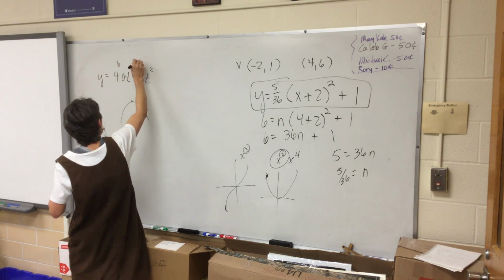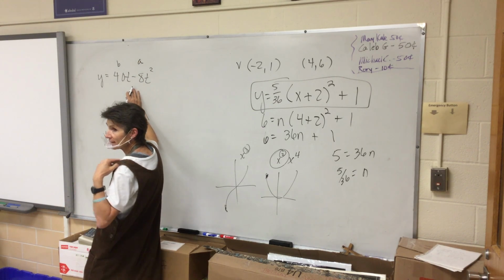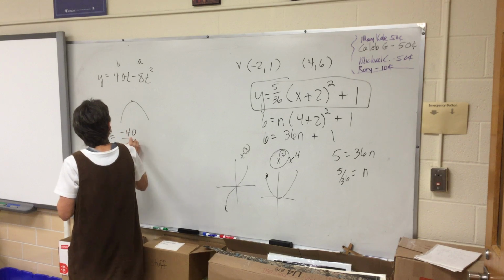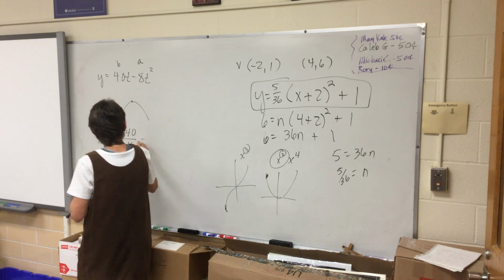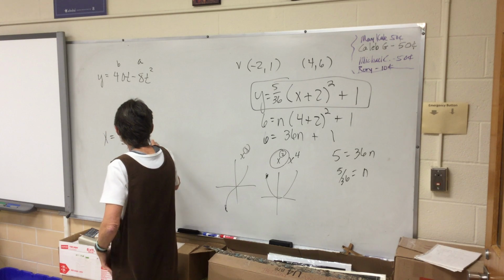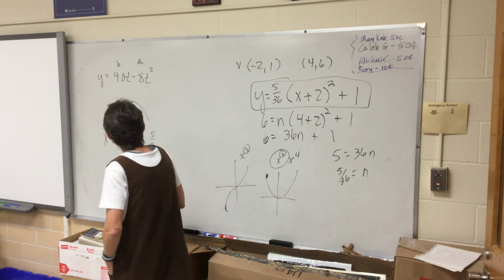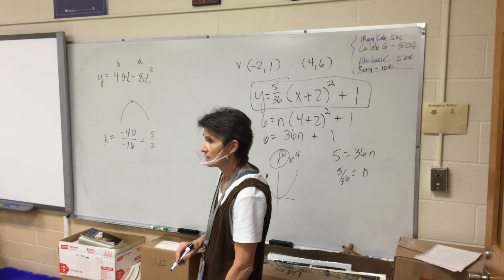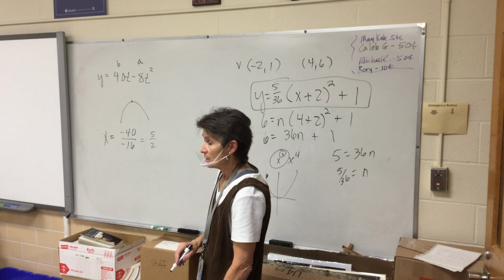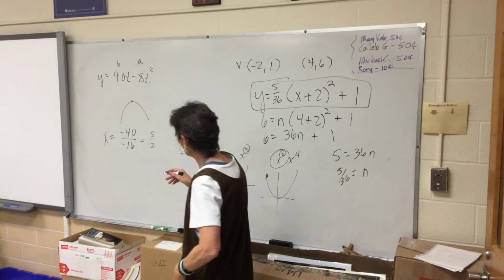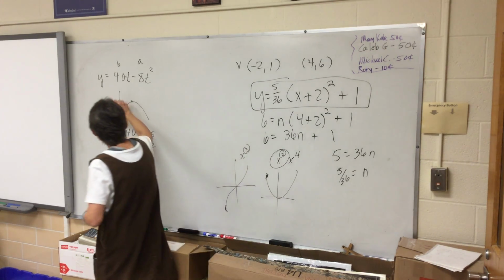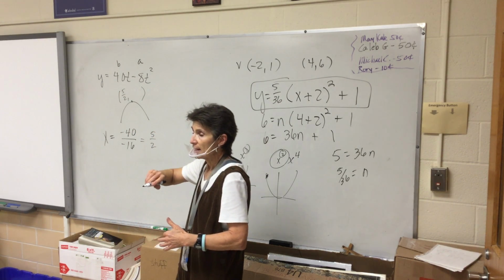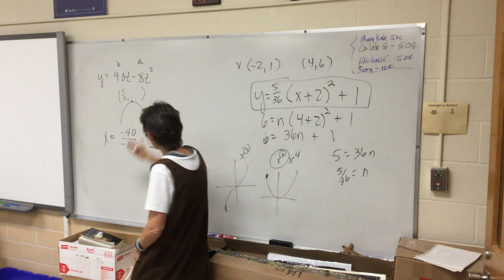So b is 40, a is negative 8. Everybody catch that? That equation's written backwards. So negative b over 2a. What is that? 5 halves? Is that right? So what is the 5 halves? That's the x coordinate of my vertex, right? Now I can find the y by plugging in.